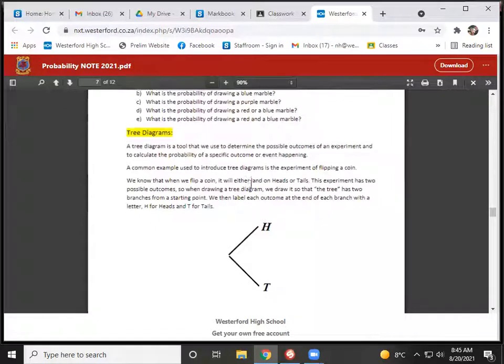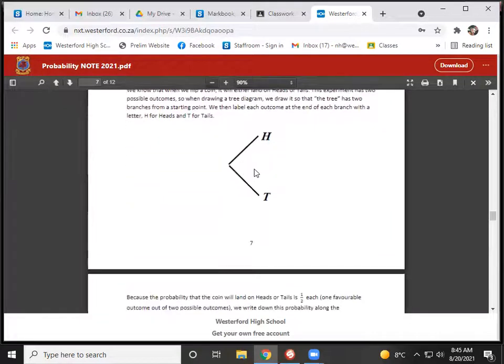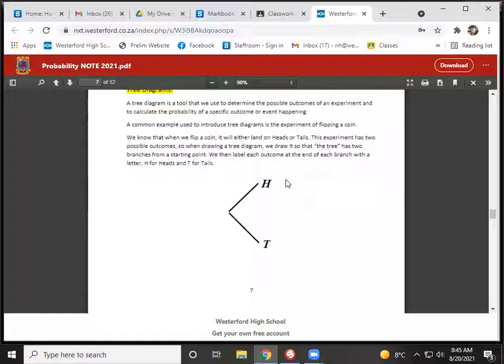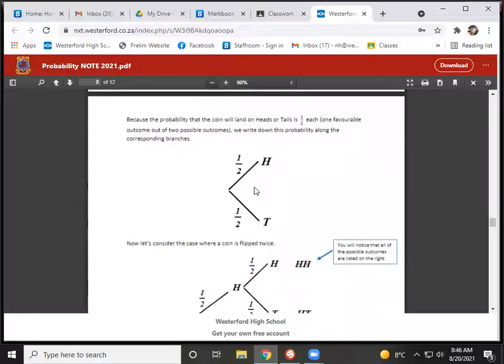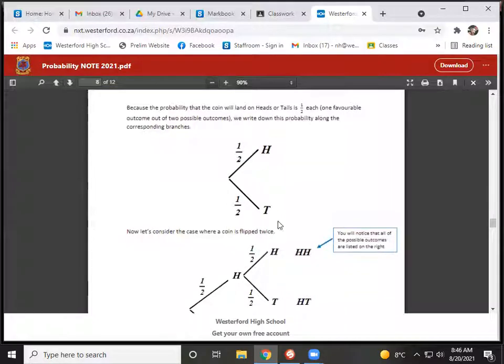Then tree diagrams. This was the last thing that we did. Just to revise what happens with tree diagrams, the possible things that can happen, you put on what we call branches. So when you're flipping a coin, it's either going to land on heads or tails. So you do a heads and a tails branch. Then you also write the probabilities of each of those outcomes. The probability that it will land on heads is a half. The probability that it will land on tails is also a half.